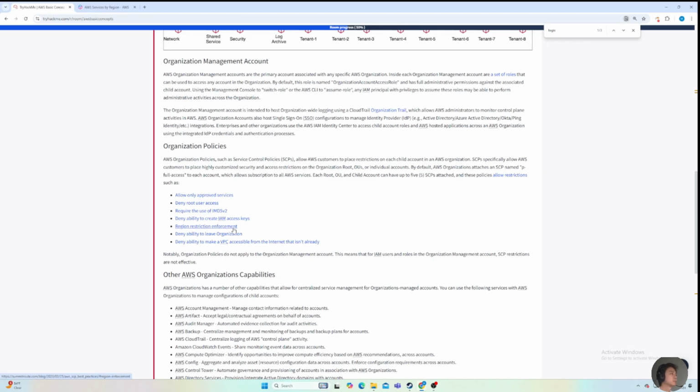Organization policy. AWS organization policies such as service control policies allow AWS customers to place restrictions on each child account in an AWS organization. SCPs, or service control policies, specifically allow AWS customers to place highly customized security and access restrictions on the organization root or on individual accounts.